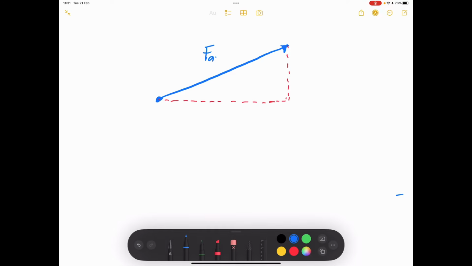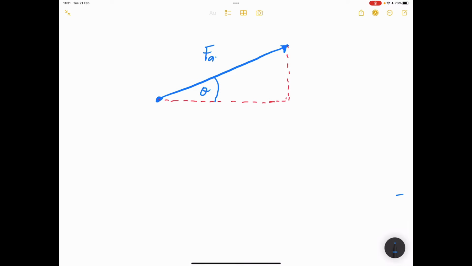Now when we look at the force applied, you can see that there's definitely an angle of elevation on that force. Let's say that angle of elevation is theta. So I'm going to have angle theta over there. What happens to the applied force, or FA? We need to break it down into its different components.